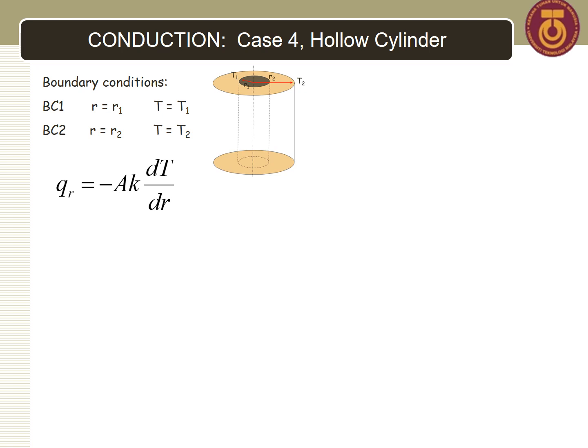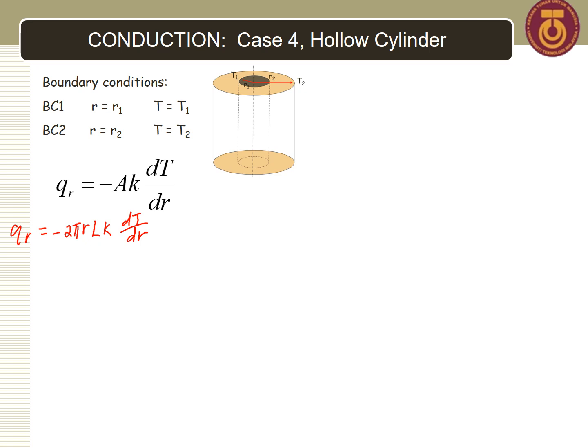Okay, now let's move on to deriving the equation for Q(r), starting from Fourier's law. Q(r) equals negative, and we know A for this case equals 2 pi R L, times K dT over dR. Now we need to rearrange. We need to move R and some constants to the left.